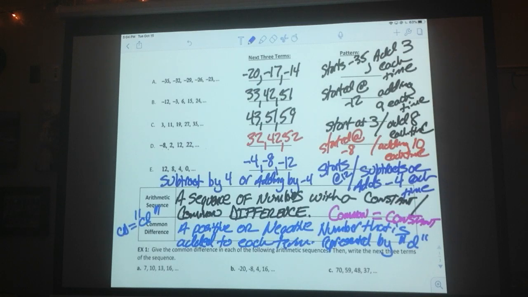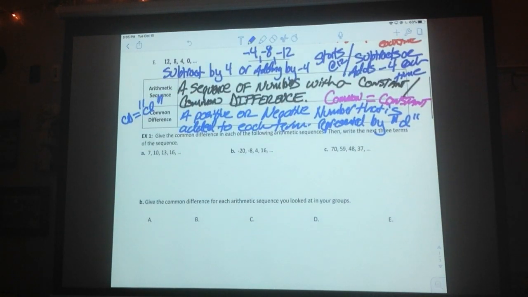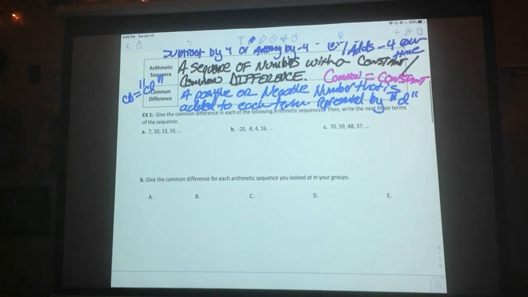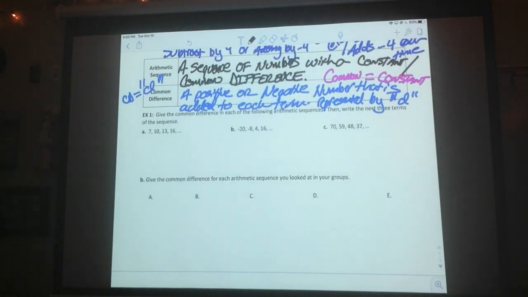Alright. So now the key part of that is a positive or negative number that is added. So we are looking at addition or subtraction here. As we move up, the next part says, give the common difference of each of the following arithmetic sequences, then write the next three terms of the sequence. I see 7, 10, 13, and 16.